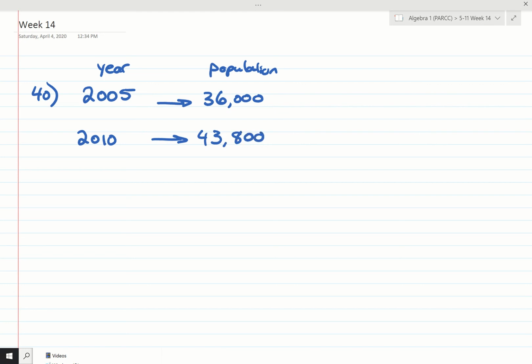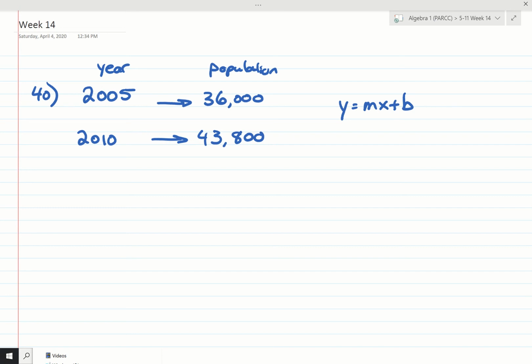It says, assuming that the population of the city has grown linearly. Linearly means we're going to have an equation in slope-intercept form since 2005 and continues to grow at the same rate. That means slope. What will be the population in 2015?